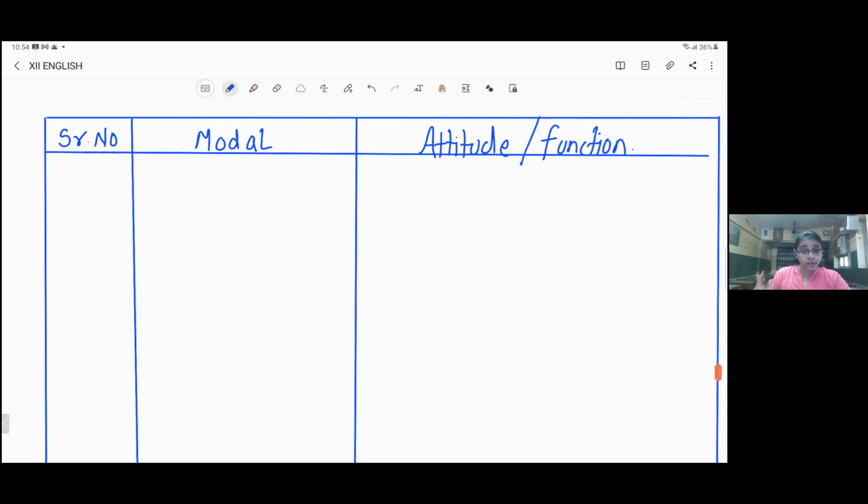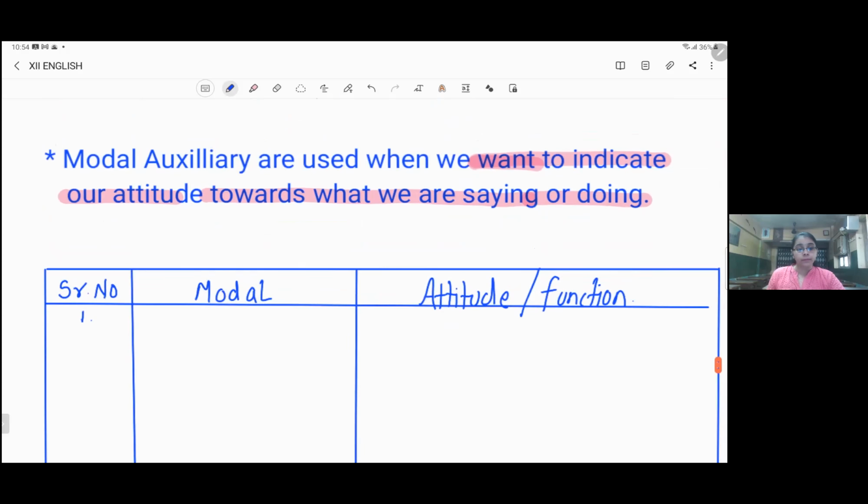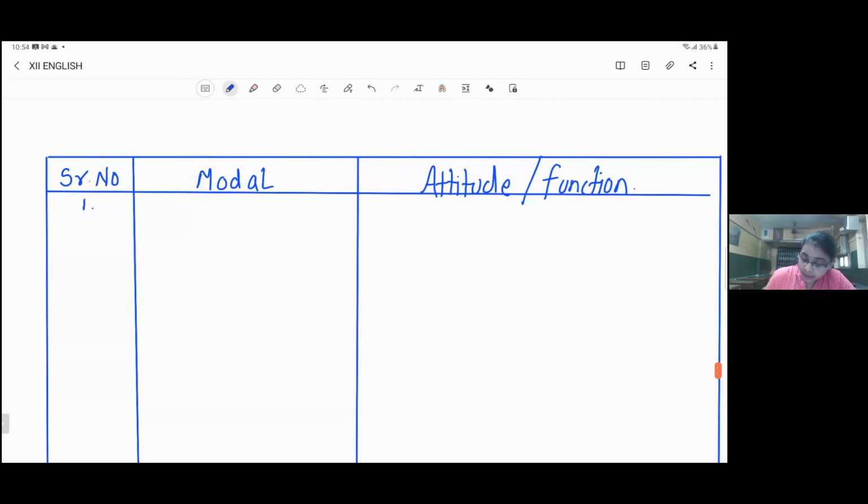Fine. Now first we are going to go through may and might. Right? May and might is the first modal.